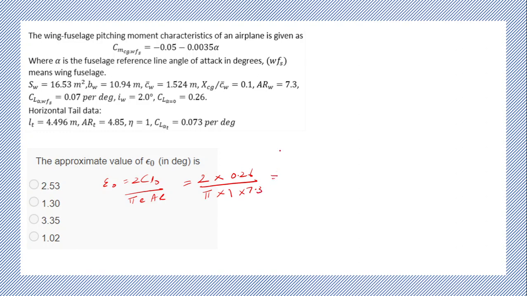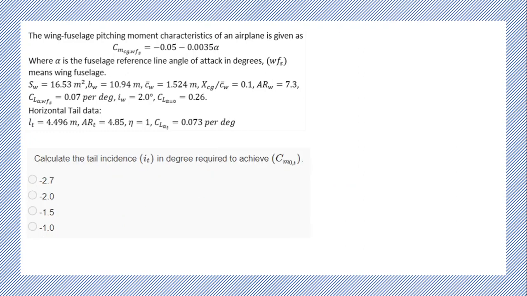What is this value? They've asked you in degrees. The value you get here is in radians. Convert it to degrees. 1.3, right? Yes. Correct me if I'm going wrong somewhere. Your answer is correct.